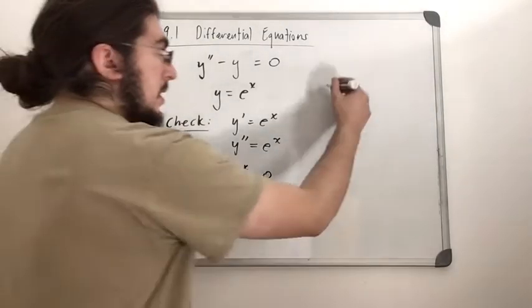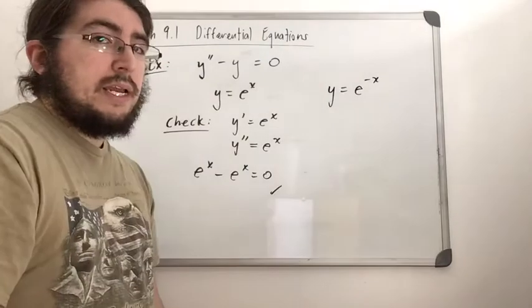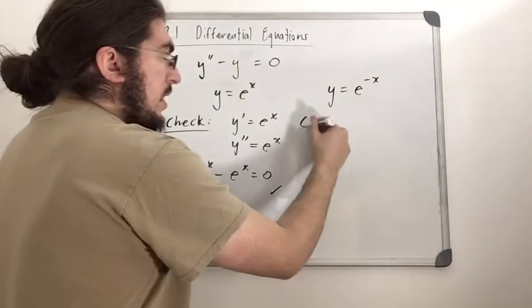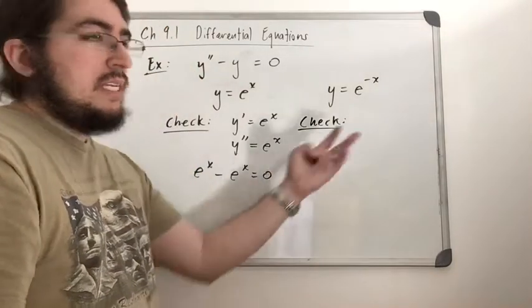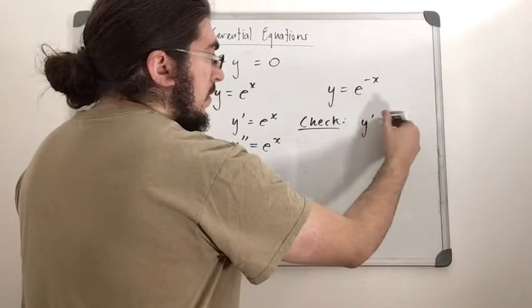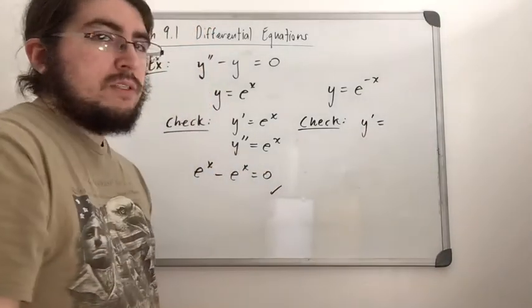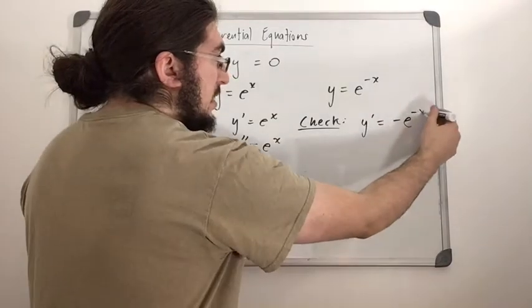Another solution, actually, believe it or not, is y equals e to the negative x in this particular case. Why is that? Well, again, we can check by finding all derivatives necessary that are mentioned in the differential equation, basically. Of course, to get to the second, you have to jump through the first before. So the first derivative is negative e to the negative x.